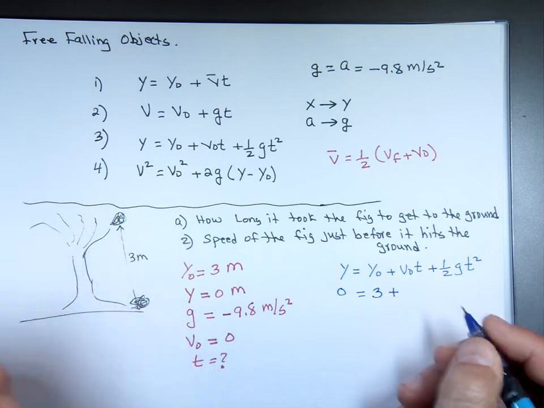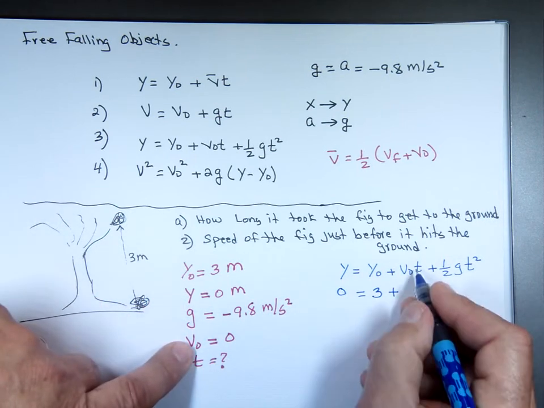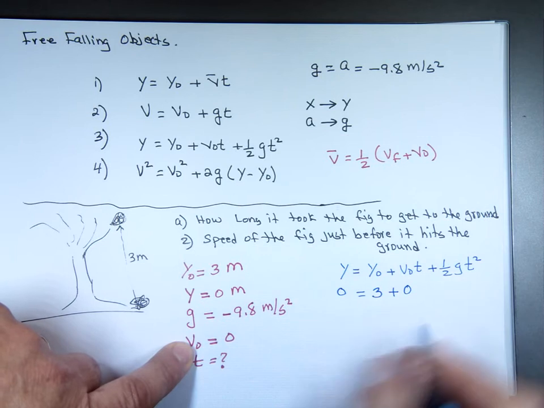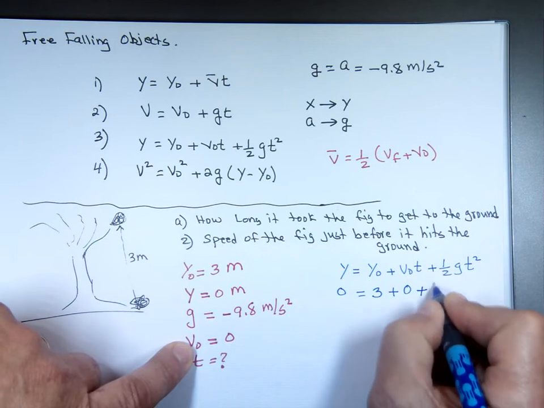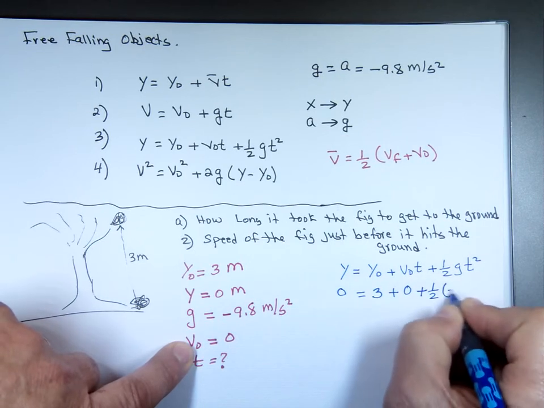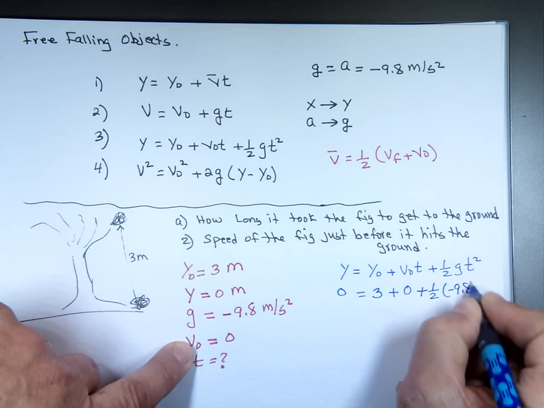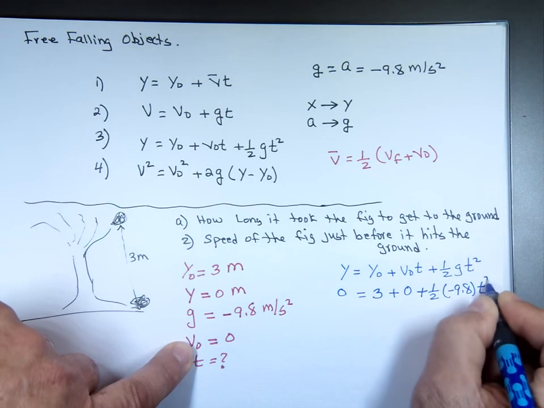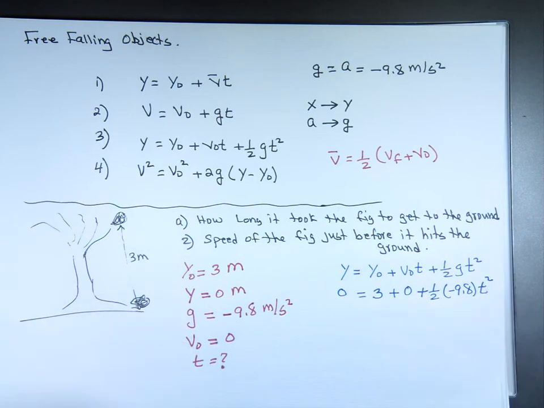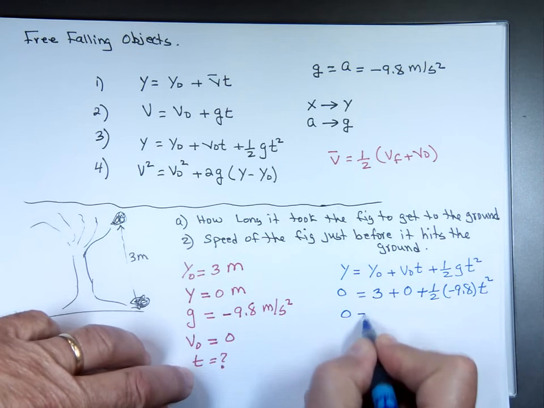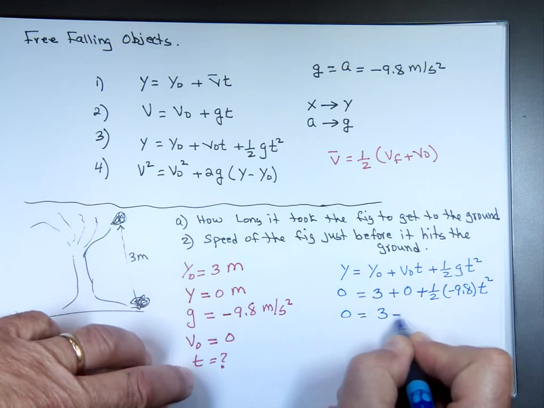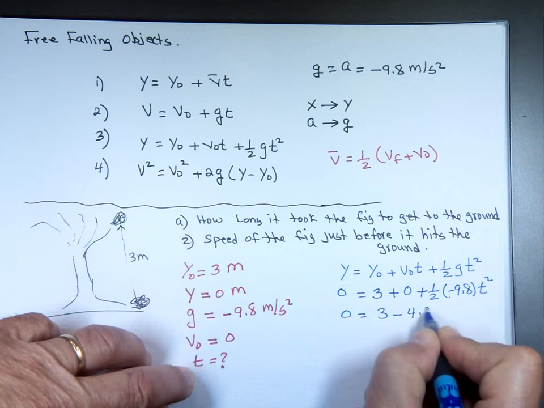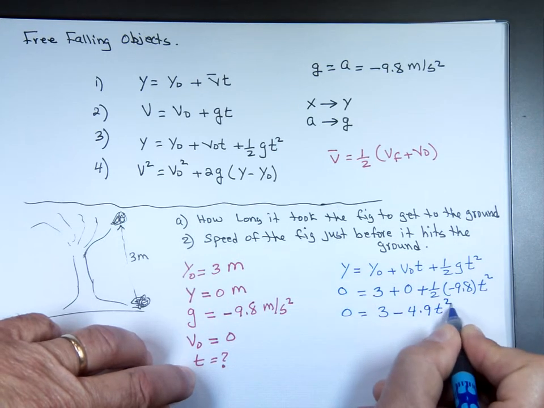What was the initial velocity? 0 times anything? 0. Plus 1/2 times negative 9.8 times t squared. 0 equals 3 minus 4.9 t squared.